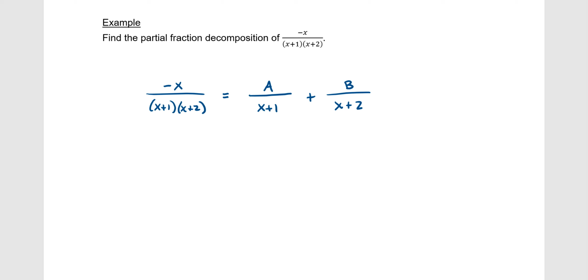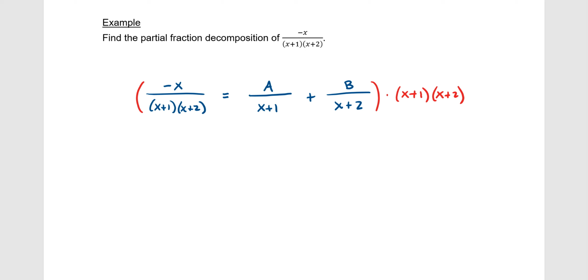Now for the next step, we multiply both sides of the equation by the original denominator, which is the least common denominator. So we multiply both sides by x plus 1 times x plus 2. That's going to cancel every single denominator.